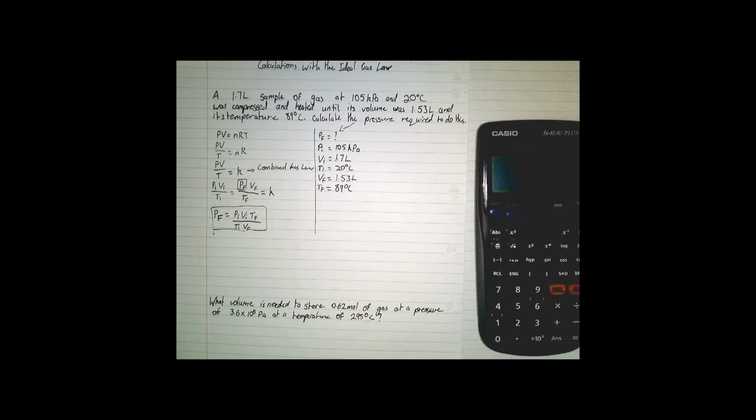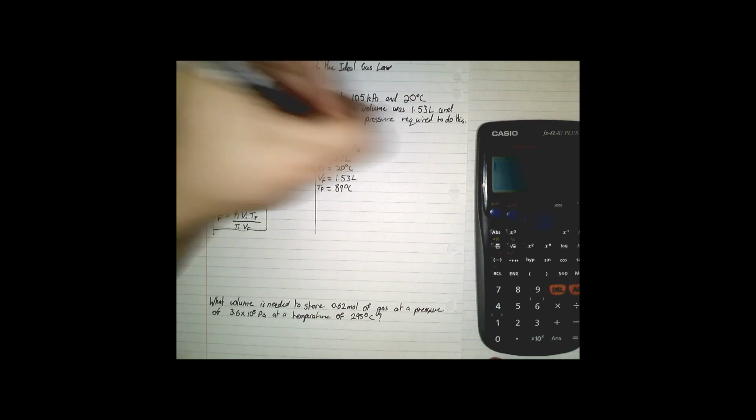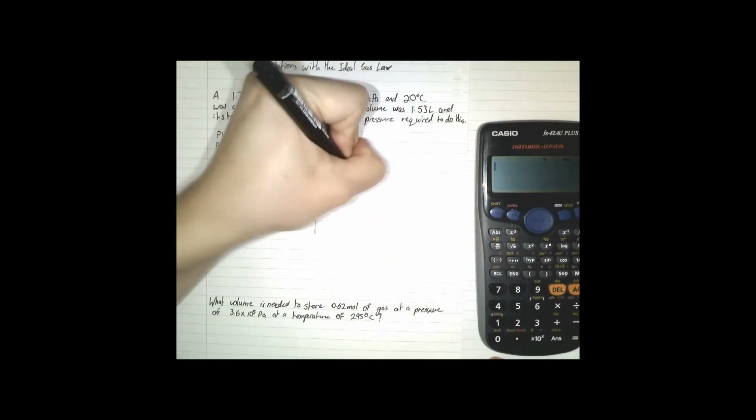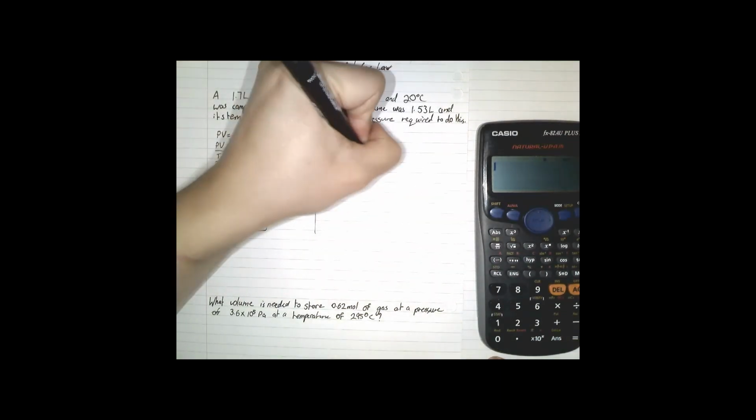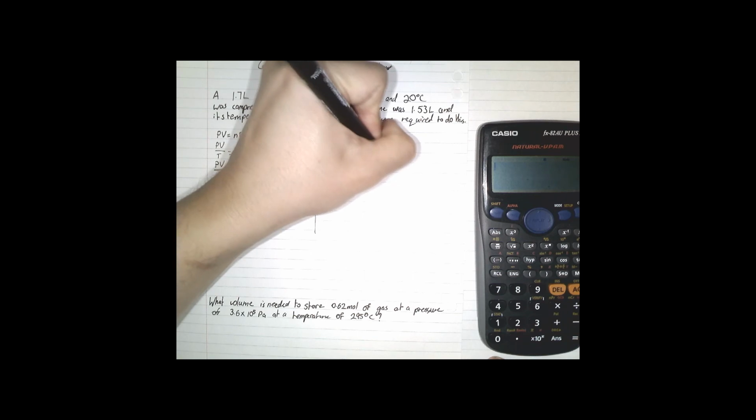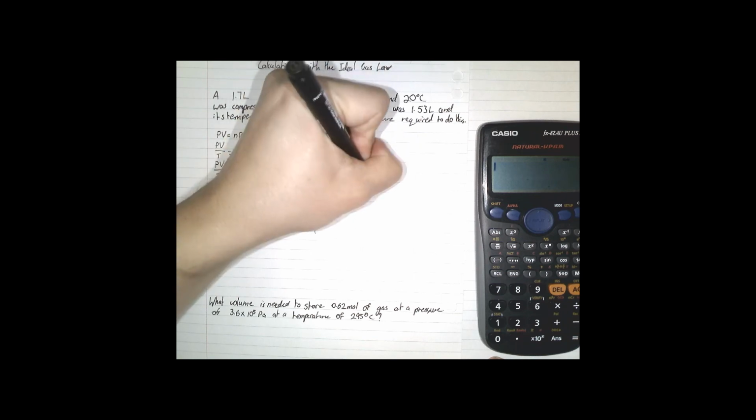Now, the last thing that we need to do before we start calculating is making sure that all of our units are correct. For temperature, temperature must always be in Kelvin for any kind of gas calculation, and the reason is the math will not work out unless all of the units are done in Kelvin. So let's do them now. All we have to do is add on 273.15 to both of these values.